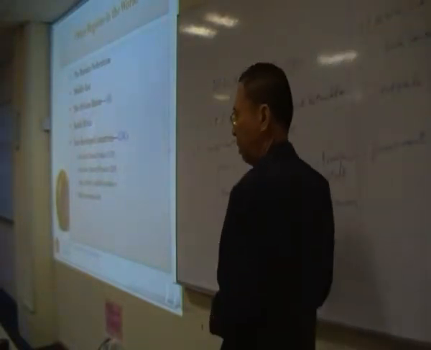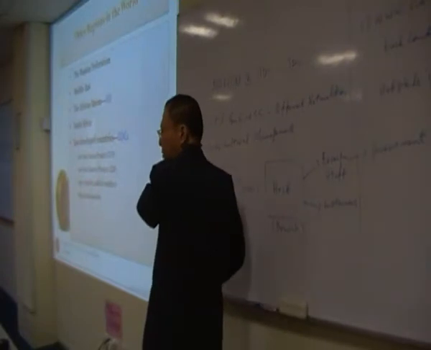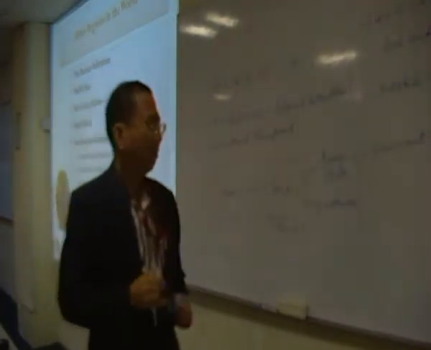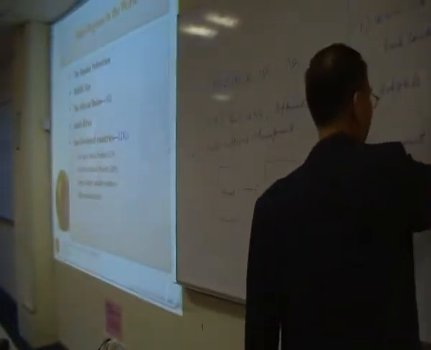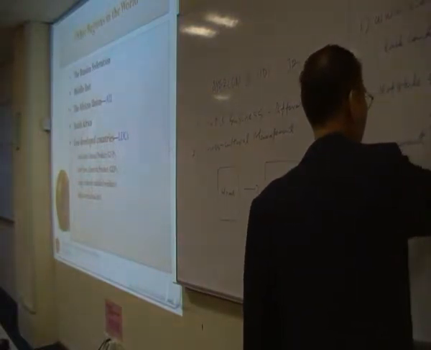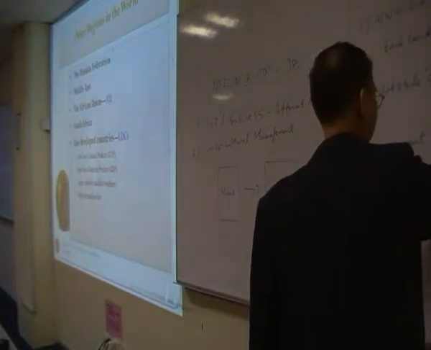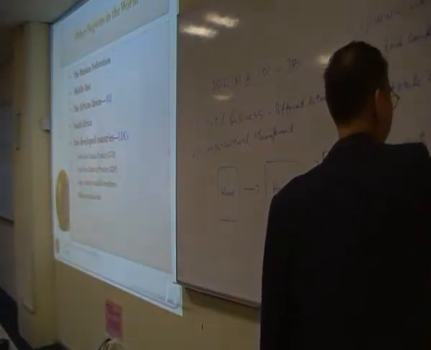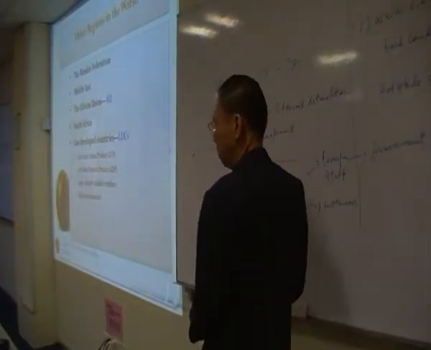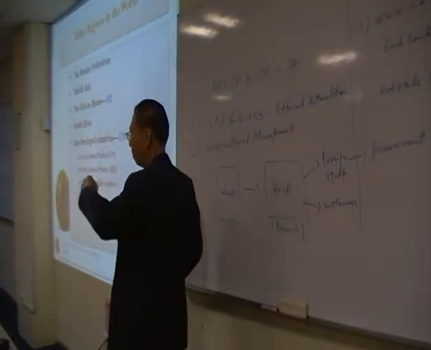There's a website on Hofstede that you can always visit, under which you will find the dimensions, such as power distance, uncertainty avoidance, and so on and so forth.